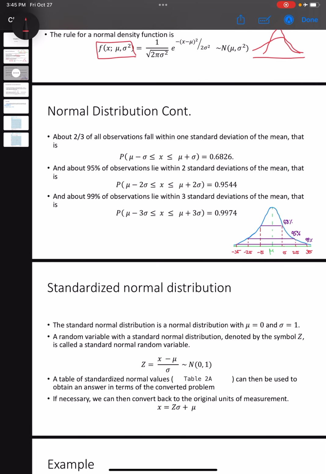We also learned about the empirical rule in chapter 2, so this is an overview again.